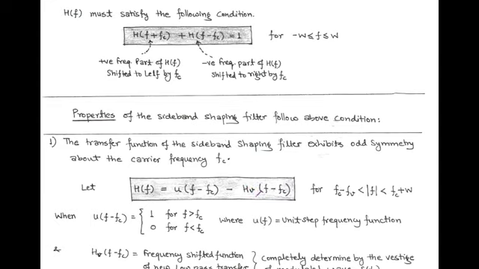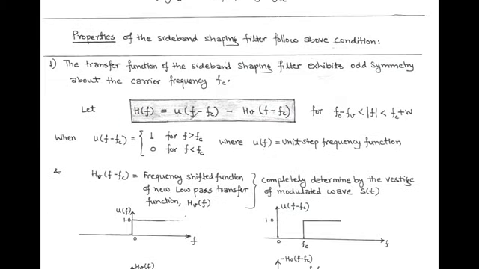So the transfer function of the sideband shaping filter consists of two terms. The first term is the shifted unit step frequency function, and its value is 1 for frequency greater than the carrier frequency and 0 for frequency less than the carrier frequency. And the second term is also a frequency shifted function that represents a low pass transfer function, because here we consider the vestige as a part of the lower sideband, and it is completely determined by the vestige of the VSB modulated wave.